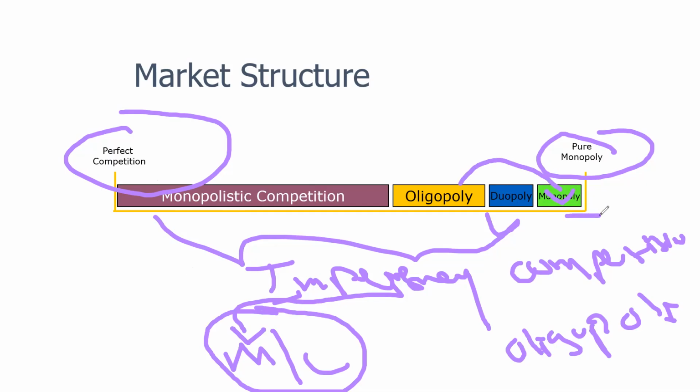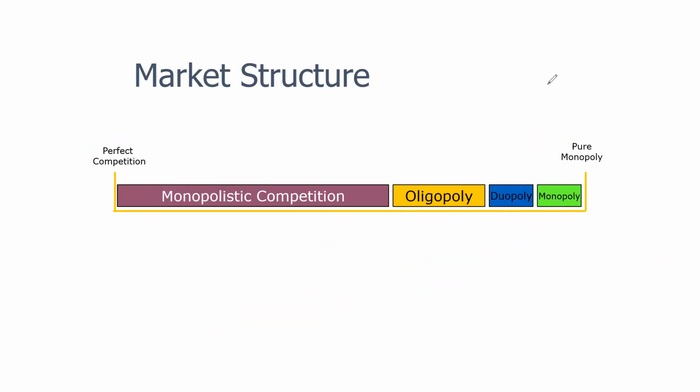Here the monopoly is a single seller, duopoly means two sellers, right? Both are considered under the monopoly. So under the oligopoly market structures, we can identify most of the monopoly market characteristics.